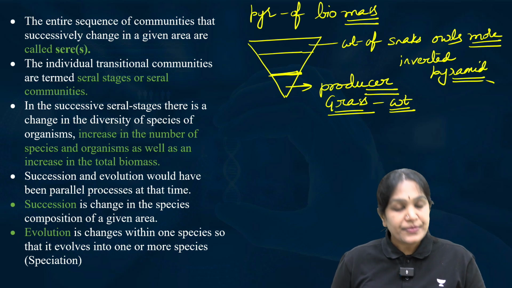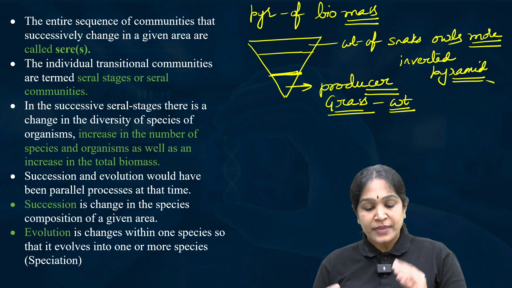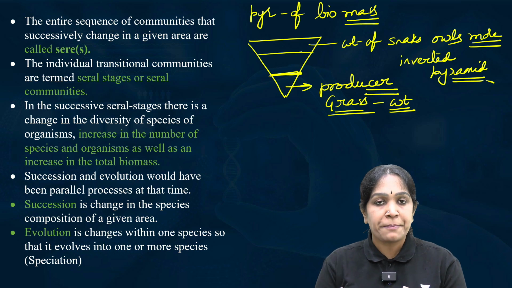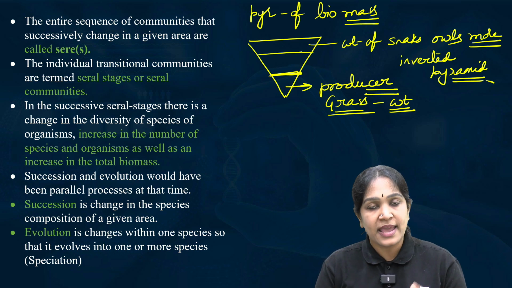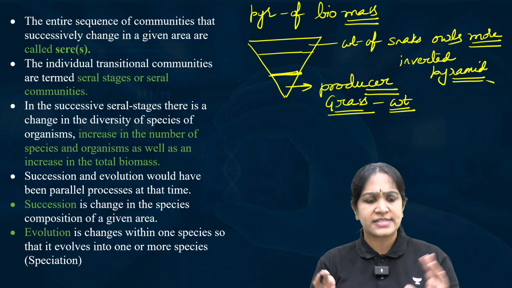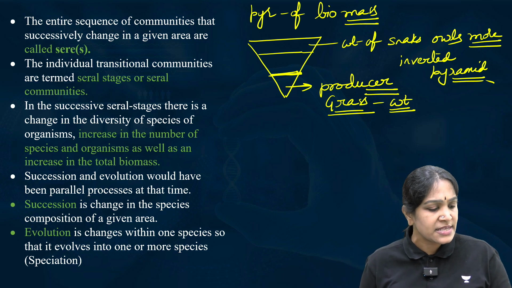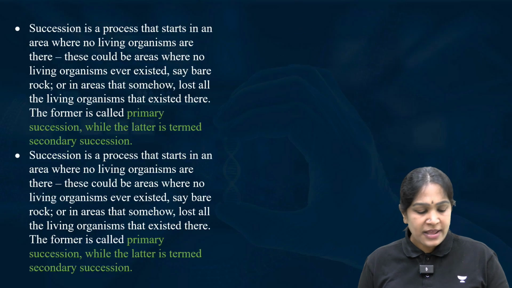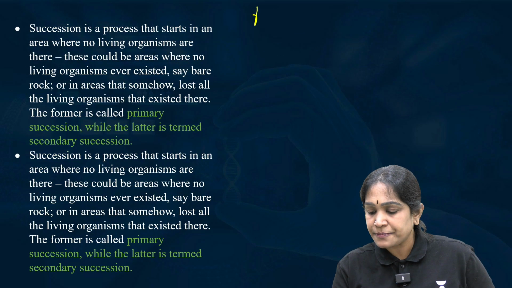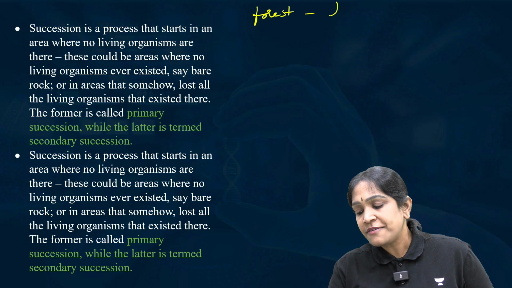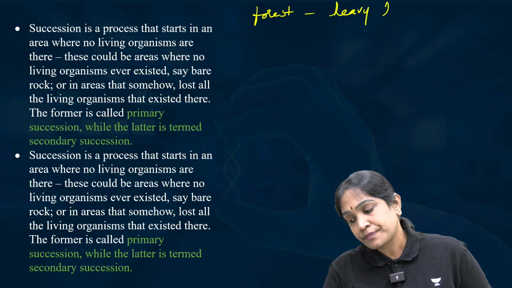Okay, but so it means what? A pyramid of numbers or the pyramid of biomass can be either upright or inverted. Sometimes it is upright, sometimes it is inverted. For example, if you take a forest, in the forest you have heavy tree.